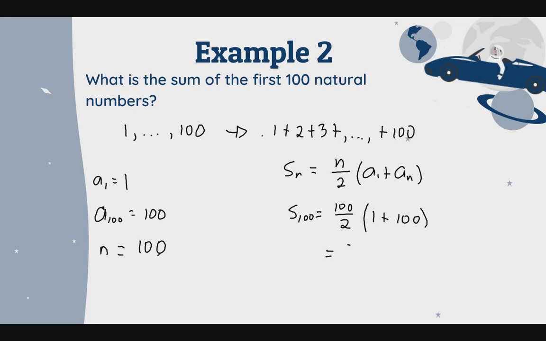And 100 divided by 2 is 50, times 100 plus 1, which is 101. So 101 times 50, the sum of the first 100 terms, is equal to 5,050.